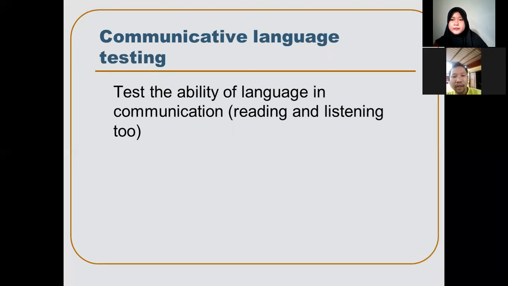But we are not only testing how you communicate; we also look at the ability of reading and the ability of listening, to make sure a good communicator also becomes a good listener. It can reinforce the process of communication and improve the flow of communication.